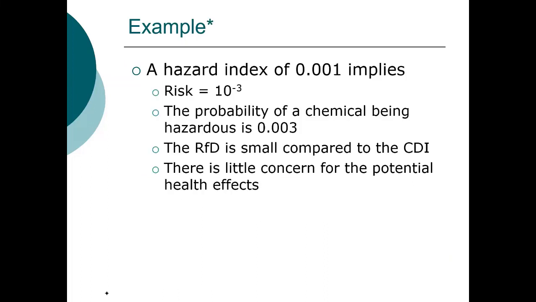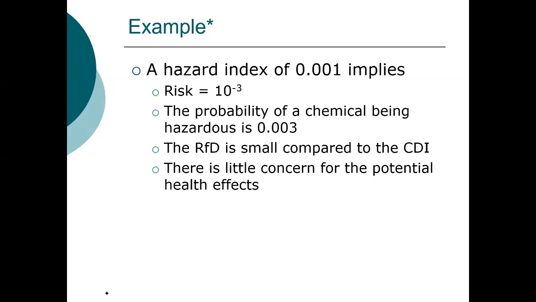So we have a similar problem. I've done it as a similar format. So a hazard index of 0.001 implies, so in terms of the first answer, the hazard index is not a measure of risk.